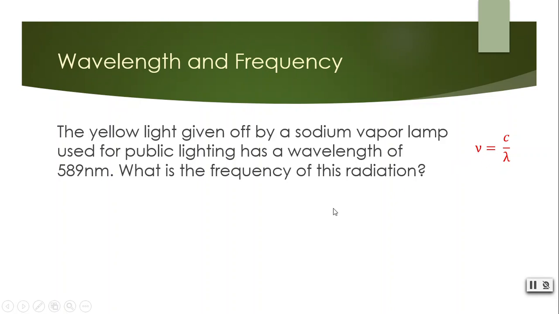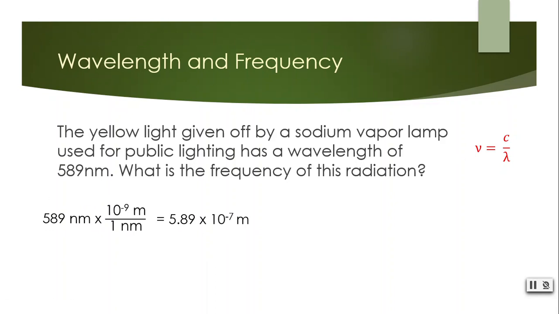To solve for that, I need to first take my wavelength, which is represented by lambda, and get it into meters. Because remember, the speed of light, c, is in meters per second. So once I do my conversion from nanometers to meters using that Greek prefix nano, that gives me 5.89 times 10 to the negative 7 meters.